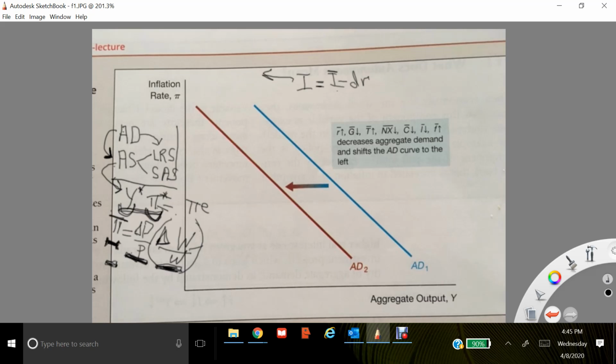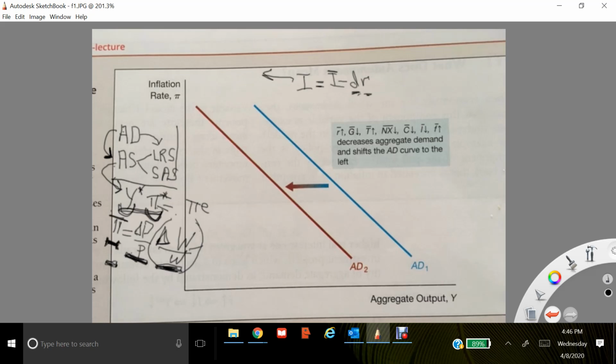Investment would be some constant amount, and it would have a negative relation to the real rate of interest, r. And that's easy to explain.